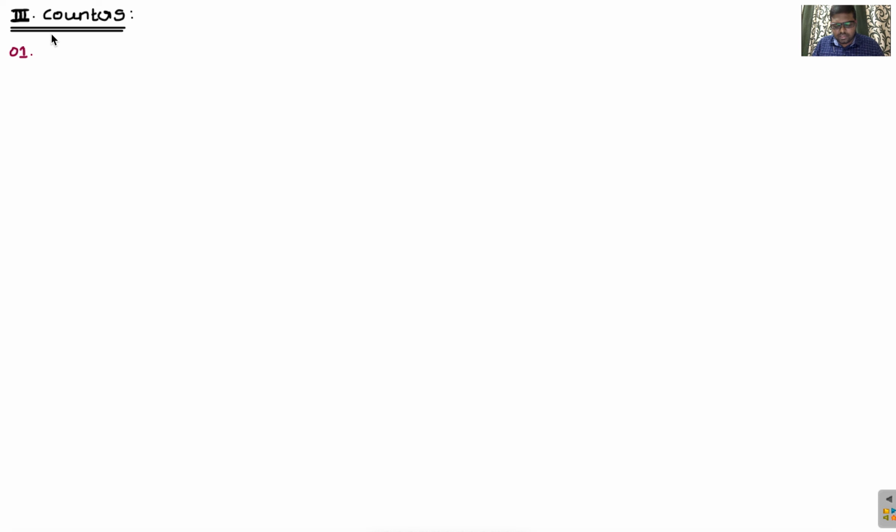In that, the first one is asynchronous counters, which is also called a ripple counter, which is again classified into two types.